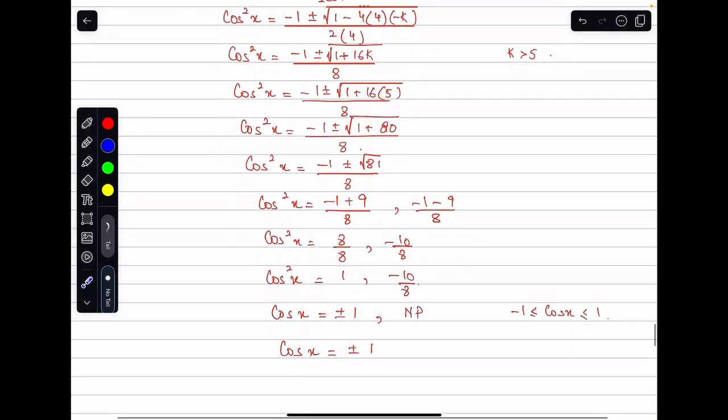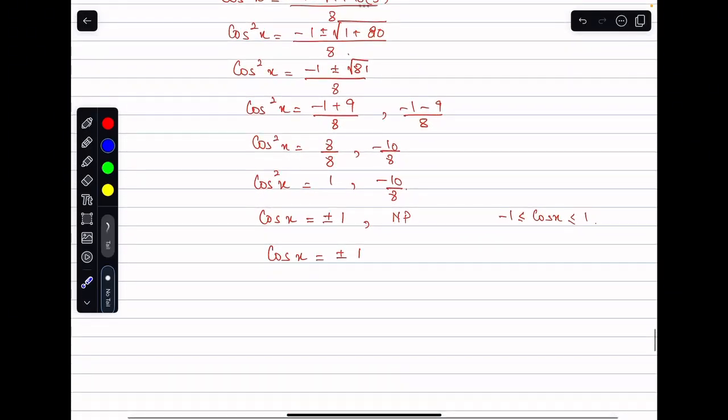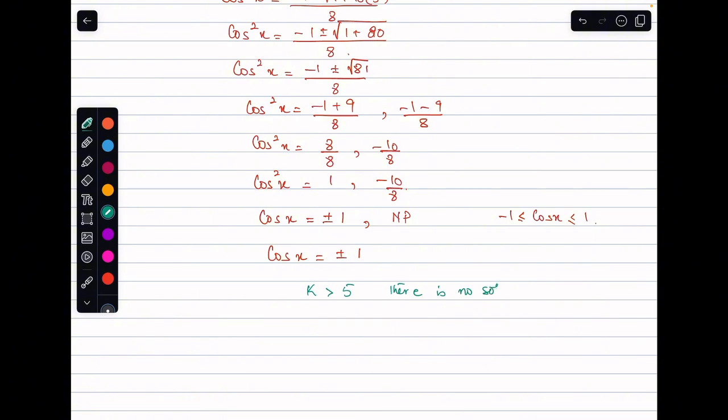So if just 5 is giving us the marginal values for cosine of x, then for all the values of k which are greater than 5, there is no solution for cos of x, which should be either greater than 1 or less than negative 1.